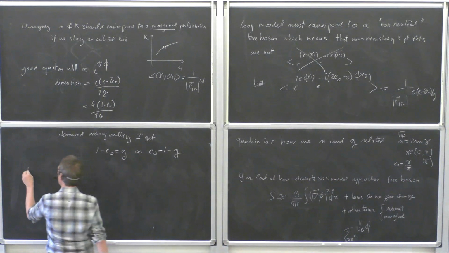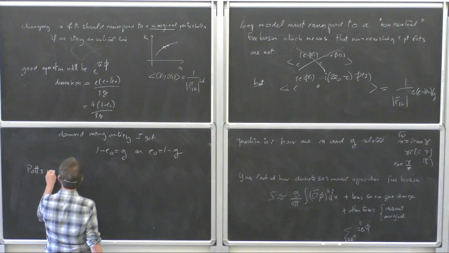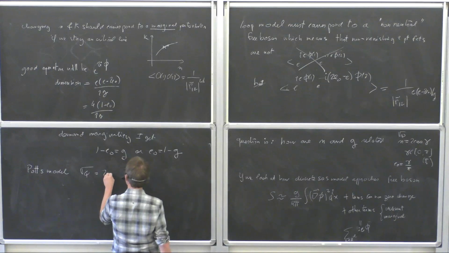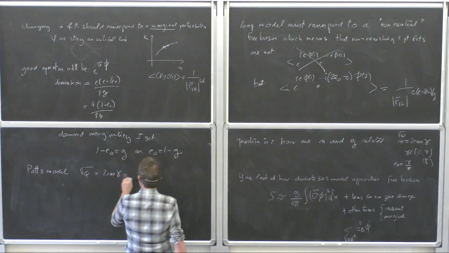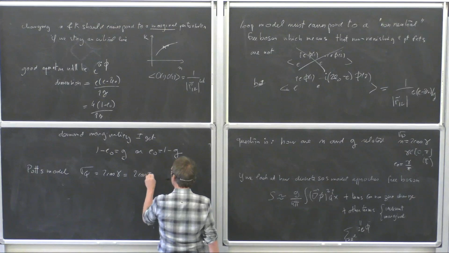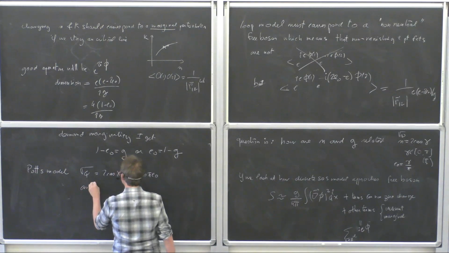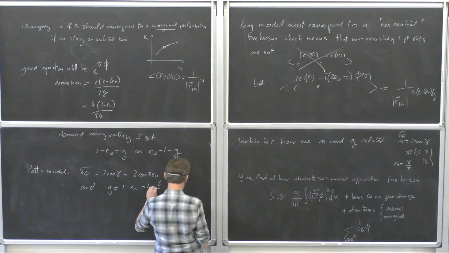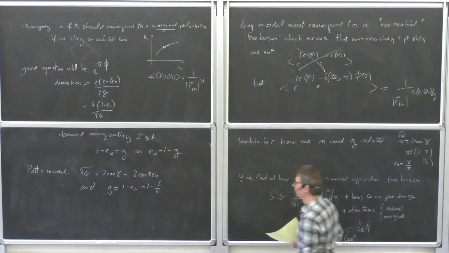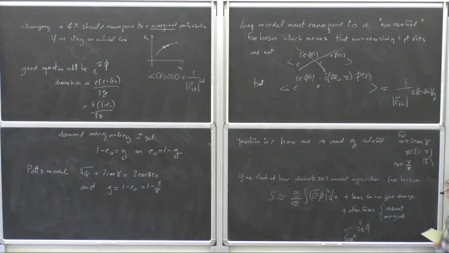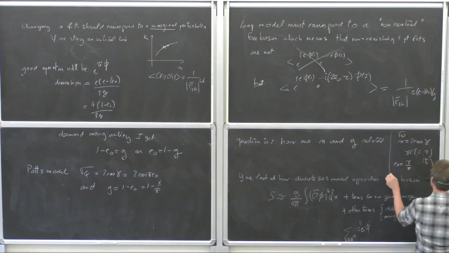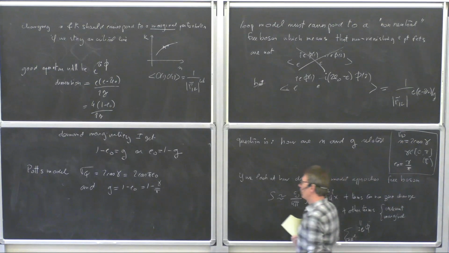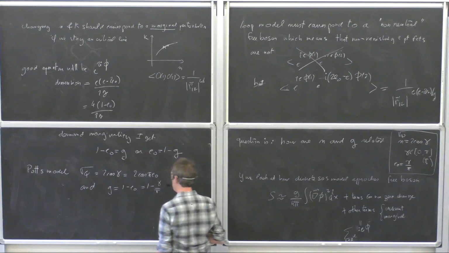So for the Potts model, we have square root of Q is 2 cosine gamma, which is 2 cosine pi is 0, and g is 1 minus e naught, which is 1 minus gamma over pi. So that's it. For a given Potts model, if you believe all this stuff, which I agree is a little bit hard to swallow, you start from a Potts model, you calculate gamma, from gamma you calculate g, and that's it.